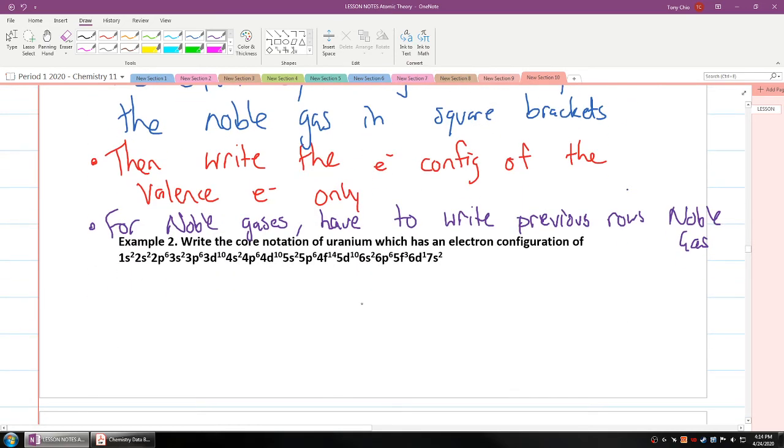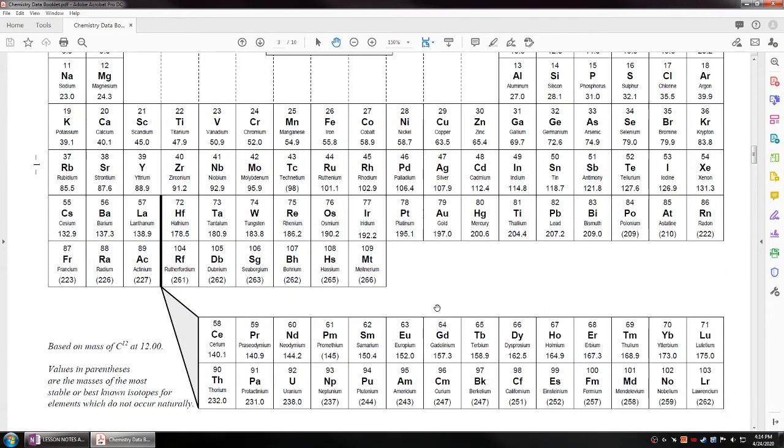If you look at uranium, this is the core notation of uranium. You might look at this and go, that is a gigantic mess. What is the core of uranium? Well, if you look at uranium on the periodic table, uranium is right here. Technically, uranium actually fits right here. So this is why the periodic table is like this.